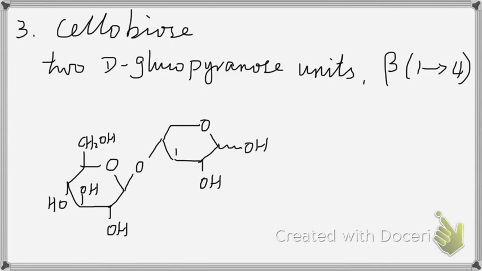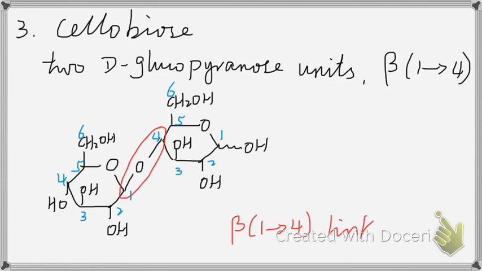So the first unit will be in the beta form, which means on carbon 1, the O will be pointing up. And it's going to make a link to carbon 4 of the second unit. So this is the beta 1,4 glycosidic linkage.